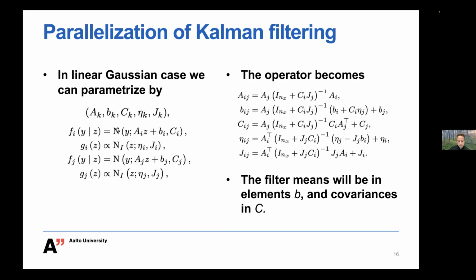And each of these elements, in the prefix sums algorithm or scan algorithm, is represented by these tuples of matrices, and the combination operator becomes this set of matrix operations. So if we plug in this definition of element and this definition of operator to our prefix sums methods, we can do Kalman filtering in parallel.